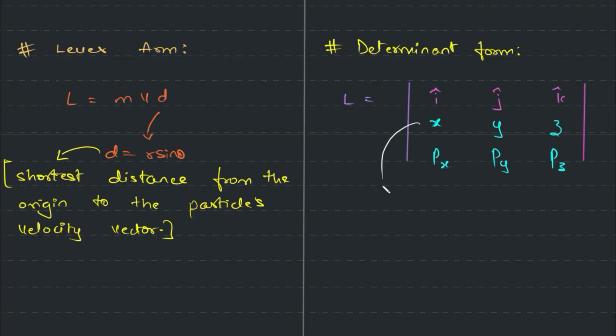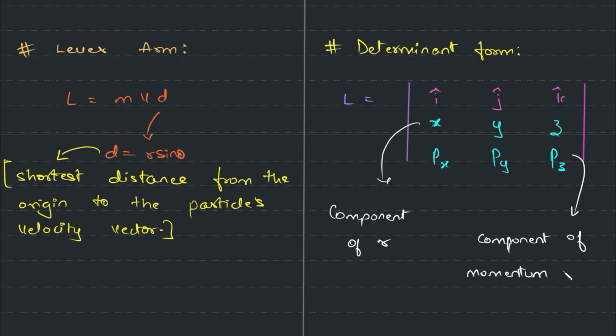So this is your component of your r, right? And this is component of your momentum vector. Okay, so those are your formulas.